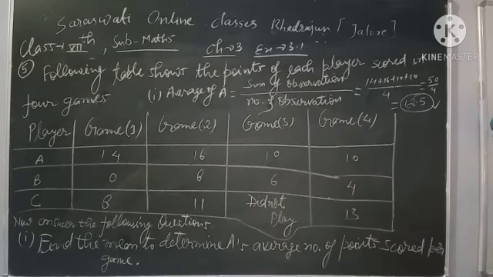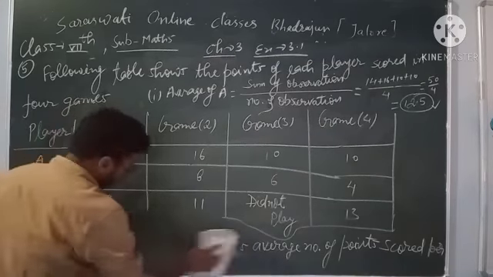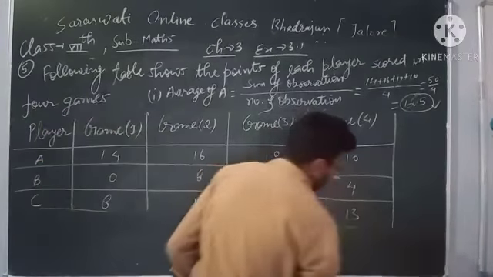Question number 5 and second part is what? To find the mean number of points per game for C, would you divide the total number by 3 or by 4? Why?